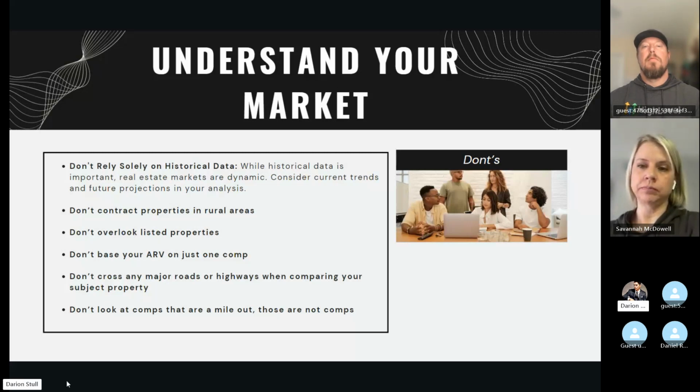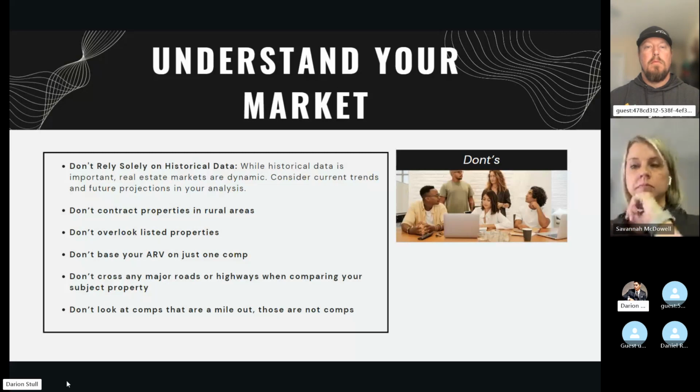I would essentially take the price per square foot in that case. I would look at price per square foot in that particular market, multiply the average price per square foot times the square foot of the property, and use that as the ARV just to be conservative. I would say that's probably best practice.